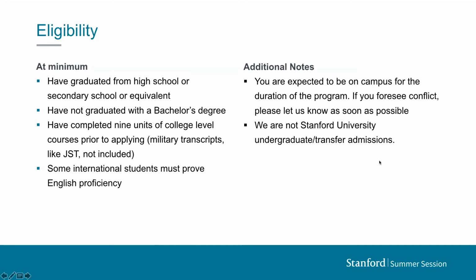We do want students to have completed 9 units of college level courses prior to applying. Any military courses or anything on your joint service transcript is not included in those 9 units. And some international students may have to prove English proficiency. If you have specific questions about that, you can email summer session.